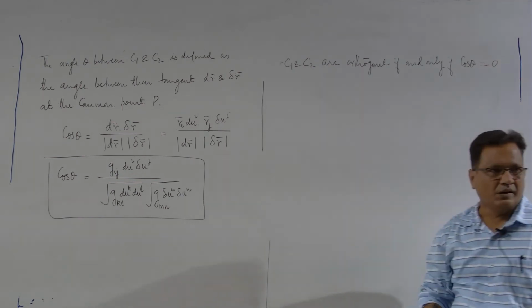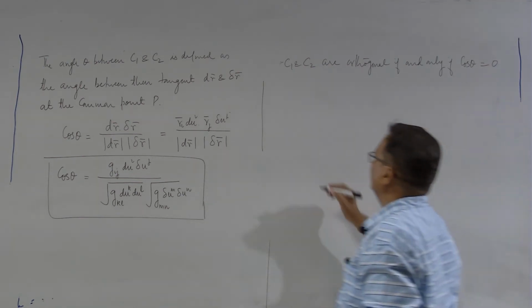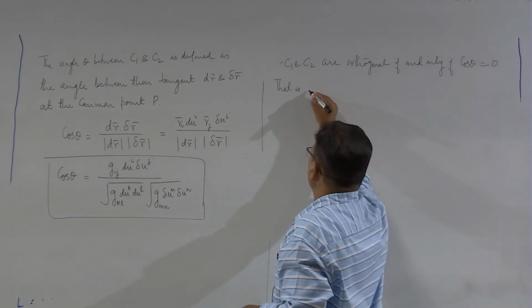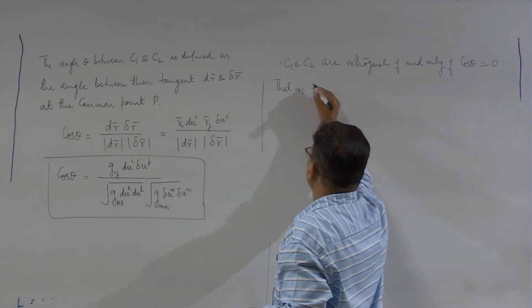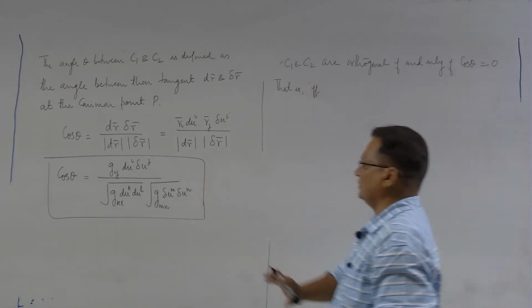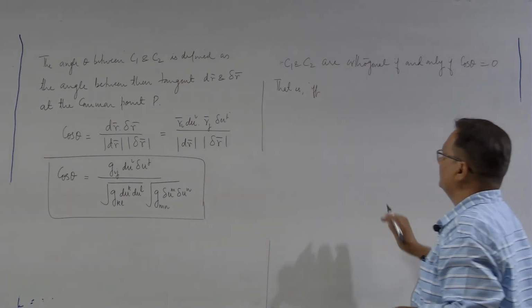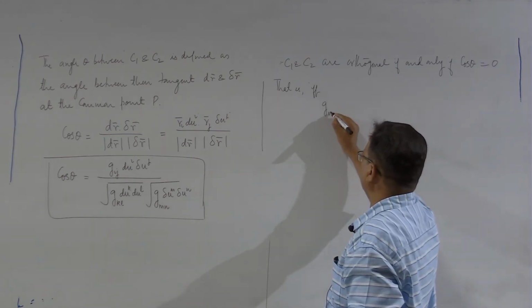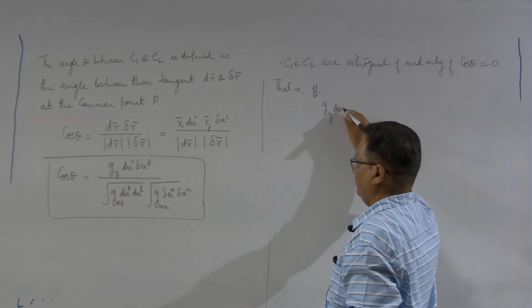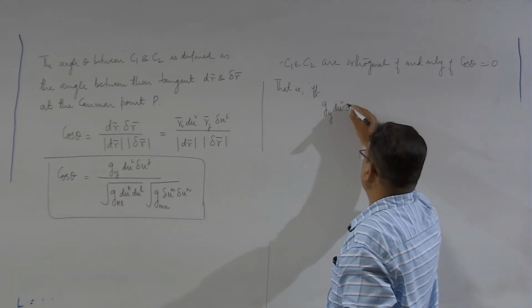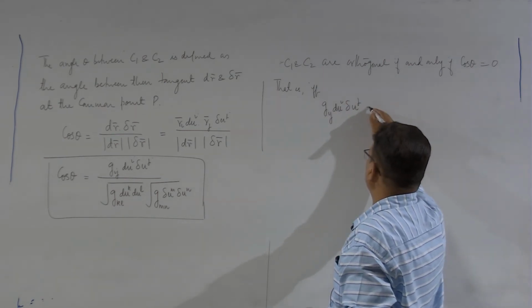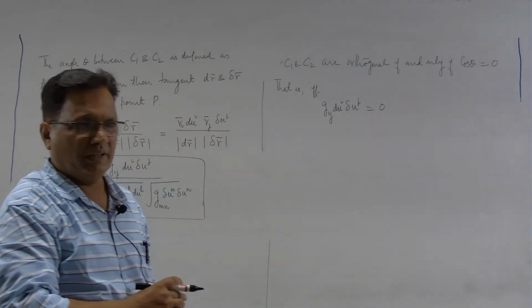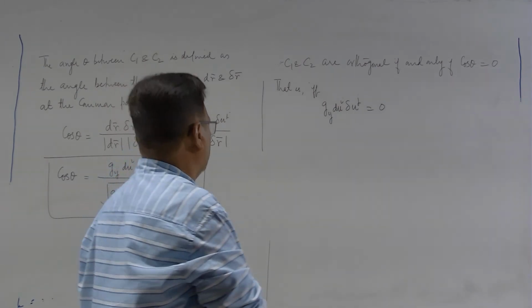That is equivalent to saying, if and only if this box expression becomes 0. So, if and only if g I j into d u I delta u j equal to 0. If this becomes 0, then the curves will be orthogonal to each other.